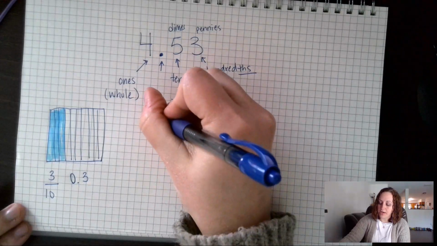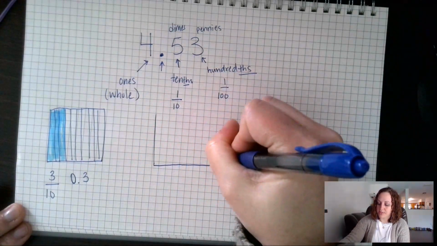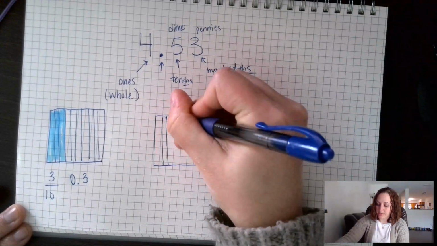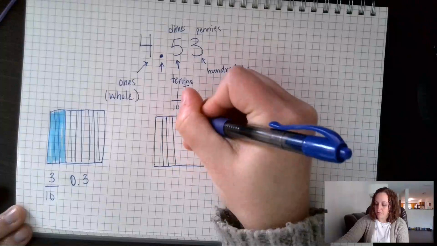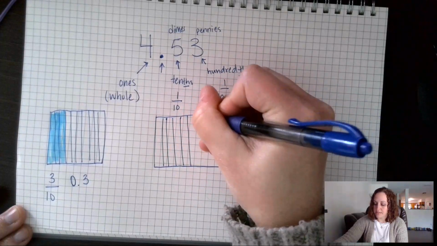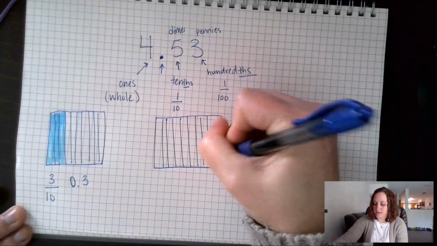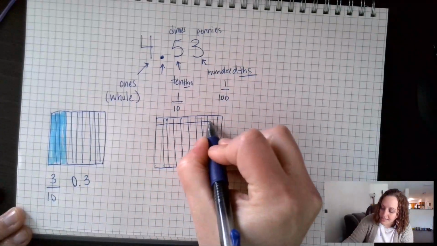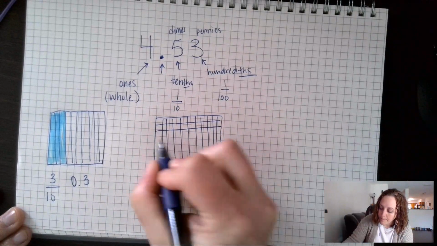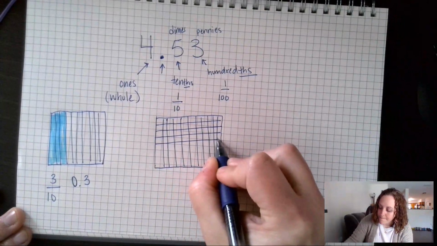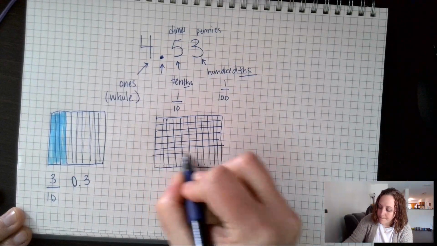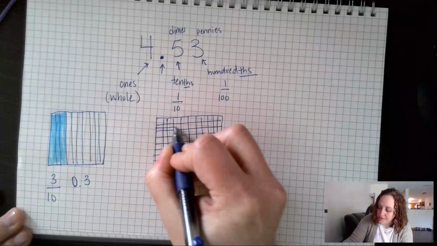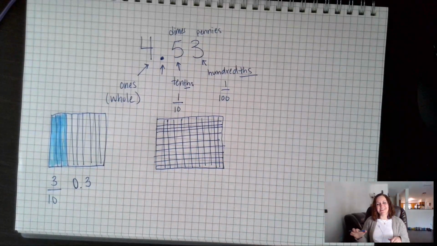If I had a hundredths grid, this one's going to be even harder for me to draw. It has 100 squares. We have 10 going this way, and 10 going this way.